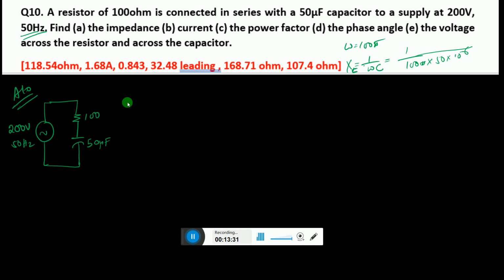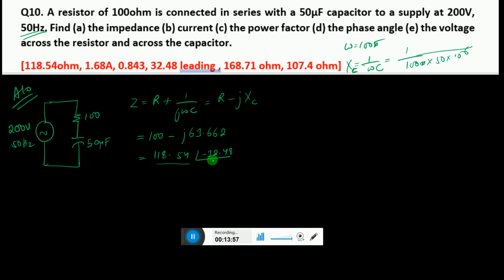We can write Z is equal to R plus 1 by j omega C, or we can write R minus j XC. Now we can get the value of this. That is what it comes out to be, like 118.54, and the angle is this.